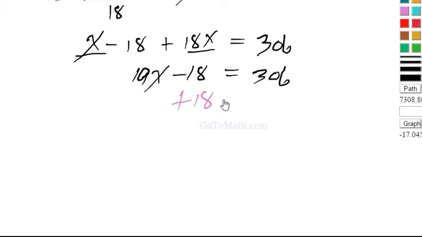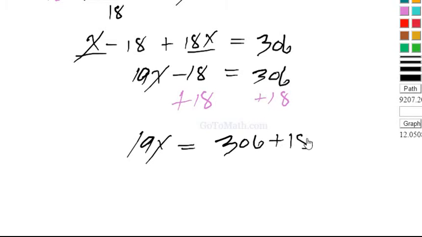Now, we can add 18 to both sides. Working with a lot of 18s in this problem could get confusing, actually. The reason is we want a 0 here, right? So we're going to have 19x is equal to 306 plus 18.